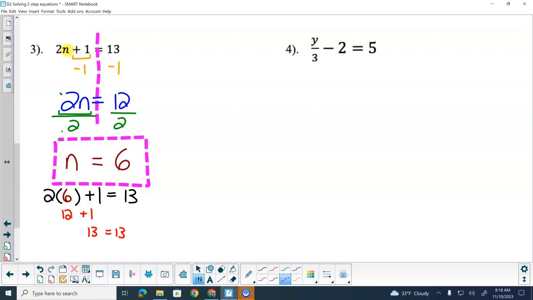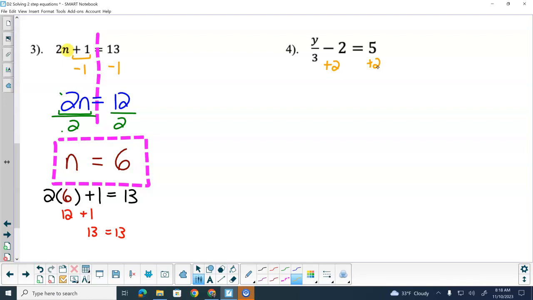Okay? Let's try number 4 together. What's the first thing that we're going to do in number 4? We're going to add 2 to both sides. Yeah, this one I'm going to do without putting on the line down the middle, just so we see what that would look like too. Okay? So if I add 2 to the left side, what do I have left?